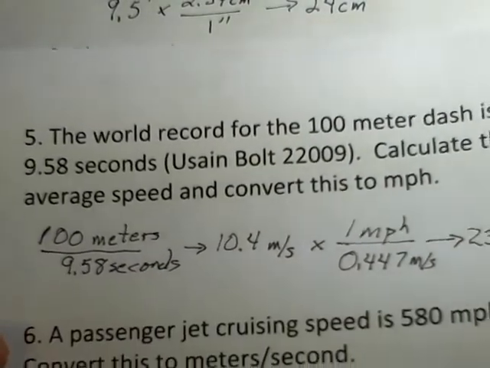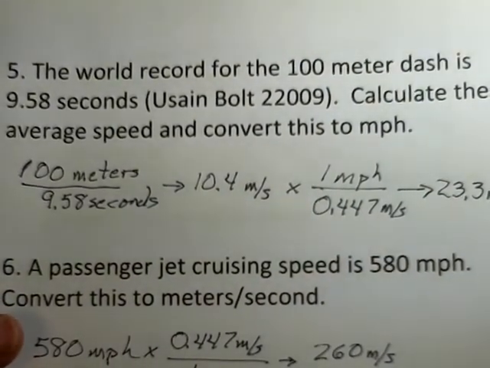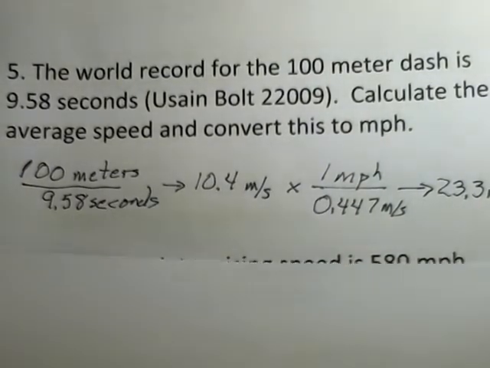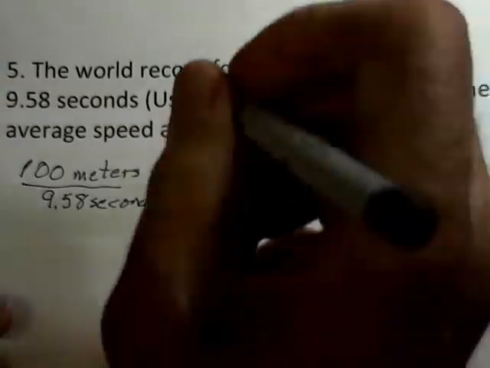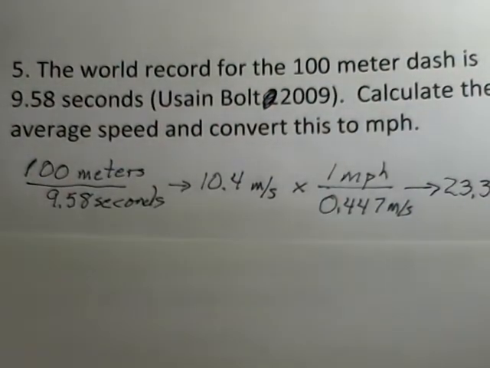In terms of speed, I looked up the world record for 100 meters is 9.58 seconds. Usain Bolt, in 2009. Calculate the average speed first and convert to miles per hour. It's average speed because this is for the whole distance traveled, 9.58 seconds.